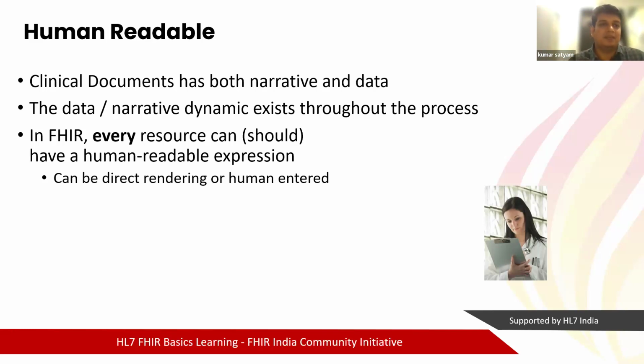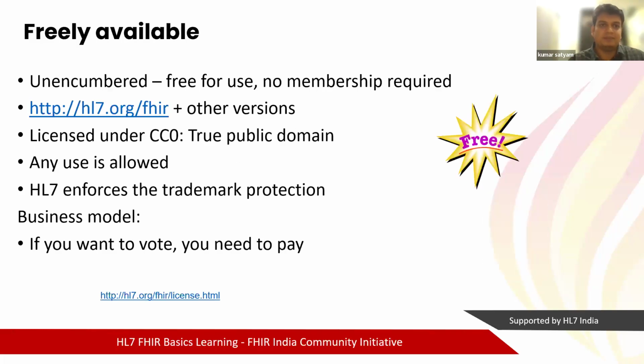That's the human readability part of it. FHIR says that every resource should have a human readable expression, just in case you want to fall back on base minimum interoperability. This is attained through adding an XHTML narrative section in every resource. We'll take a look at it.